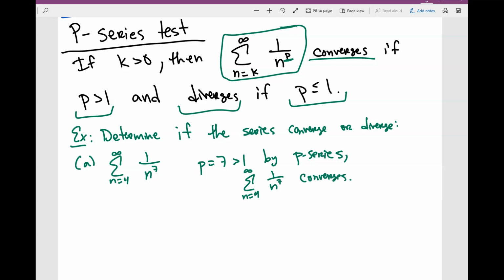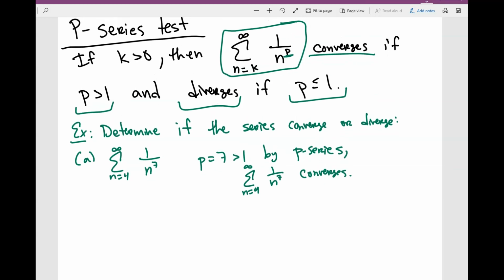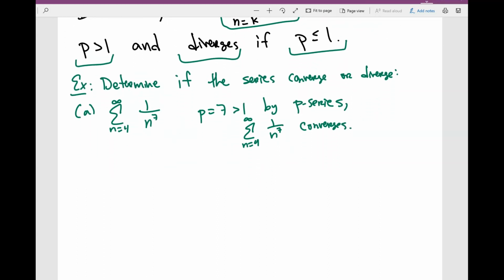And that's it. This is substantially faster, and it makes the test a lot easier than doing the whole integral. That immediately tells us that it's going to converge. What about this one? The sum from n goes from 1 to infinity of 1 over square root of n.